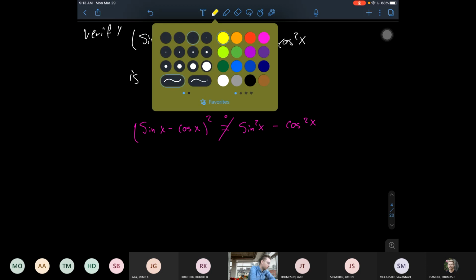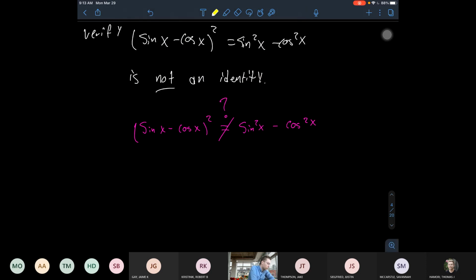Maybe I can ask it in this way. If I have one number plus another number and I square it, do I just distribute the square and get a squared plus b squared? That's right.